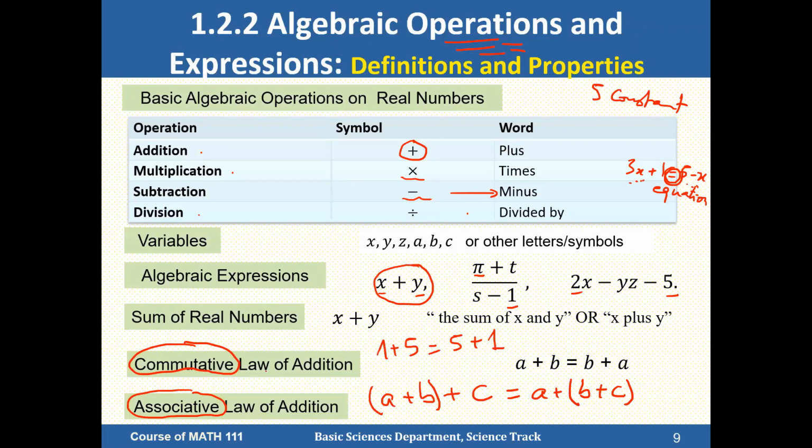So, addition is commutative, addition is associative. We can start by adding these two, or we can start by adding these two numbers.